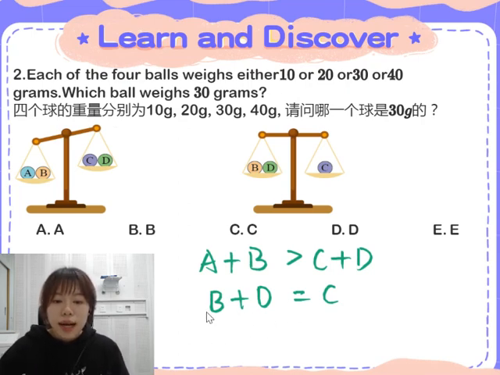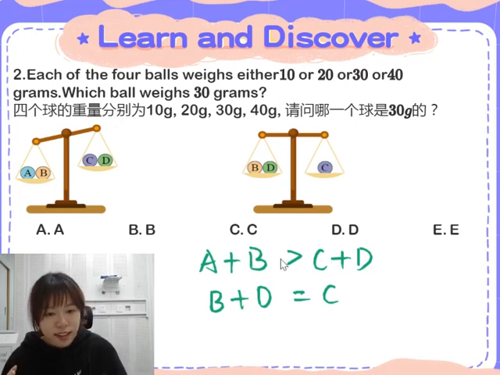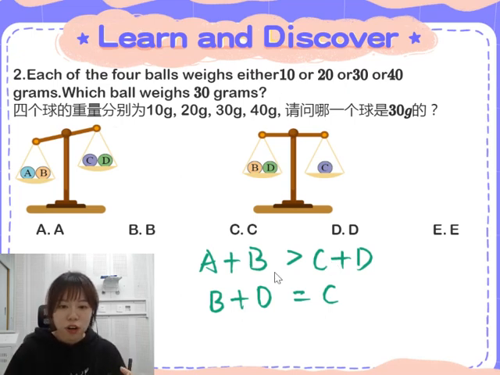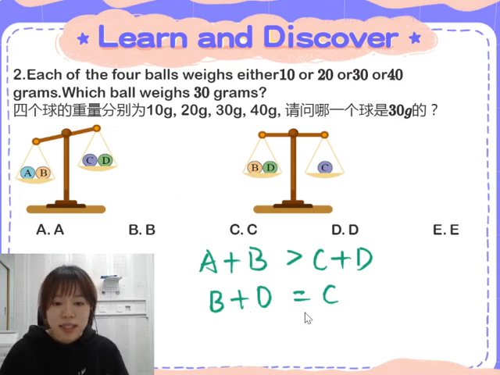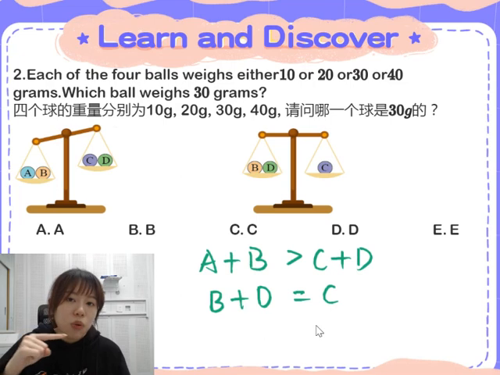Okay, so it seems for the first one, it's hard to tell which one is 30 directly. But can you find some condition directly? Maybe which one would you prefer to try first? Okay, maybe the second one, because in the second one we have the equal sign, right?